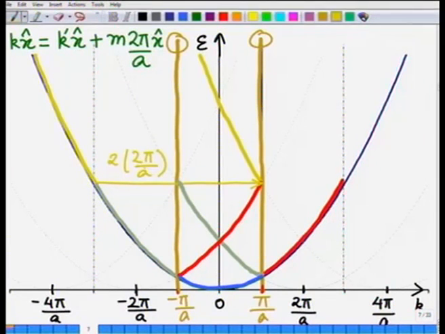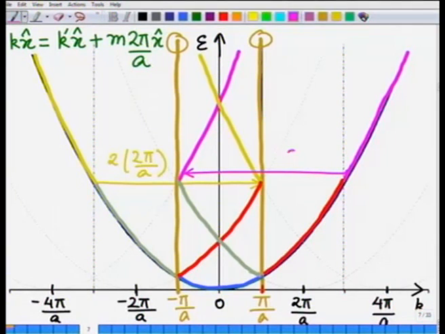Similarly, this portion of the curve, let us use another color, which you see here can be transformed right here in the same way. I can shift this quantity from here using 2 times 2 pi by a. So, this curve is for m equal to 2, and this is for m equal to minus 2.